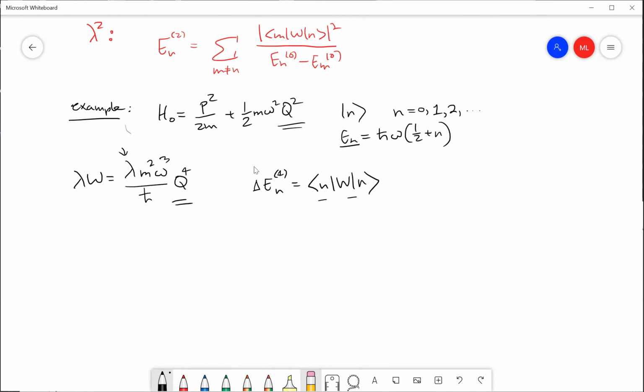And of course you can raise it to the 4th power and do the kind of thing that we did last semester. He actually had this kind of thing on the final, I think, where you can rewrite the position operator in terms of creation and annihilation operators, the raising and lowering operators, and then you just figure out these matrix elements. And after you do that, you'll find that this is the form of it.